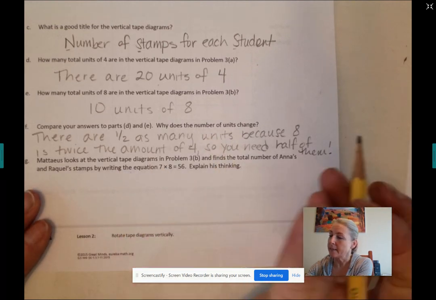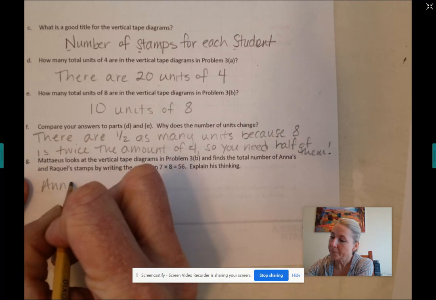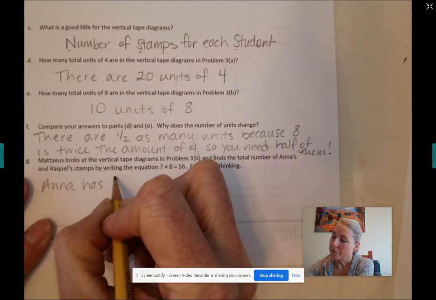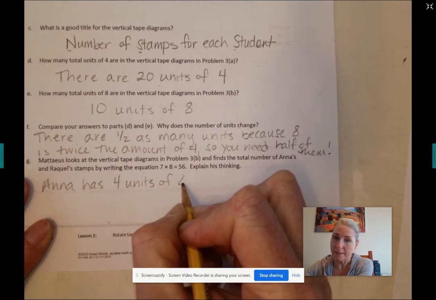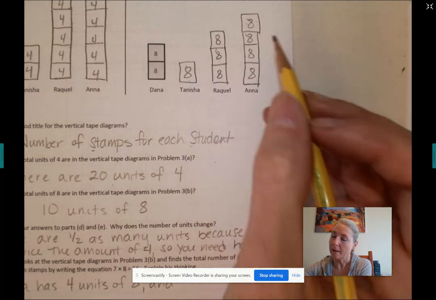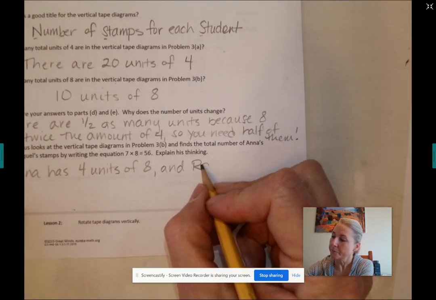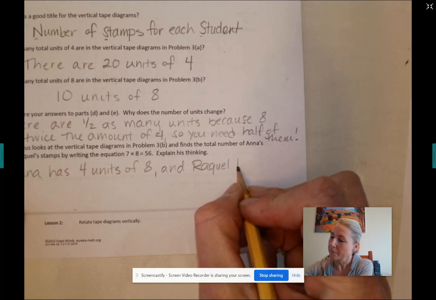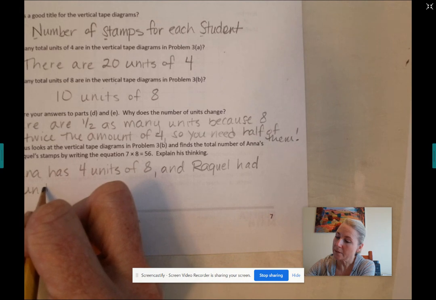So explain his thinking. So we could say, well, Anna has 4 units of 8, right? And Raquel had 3 units.